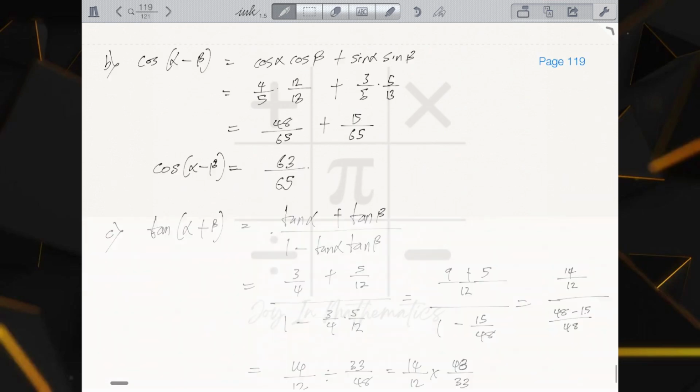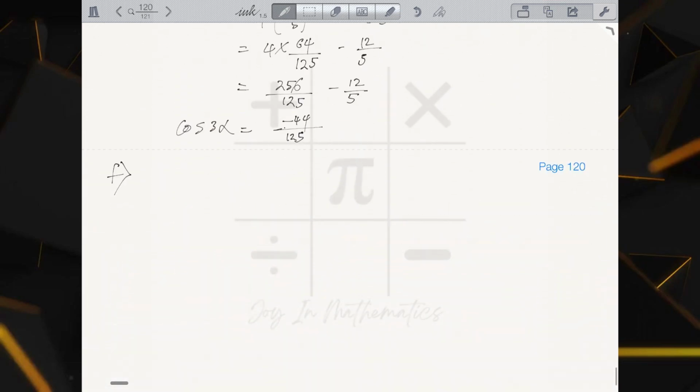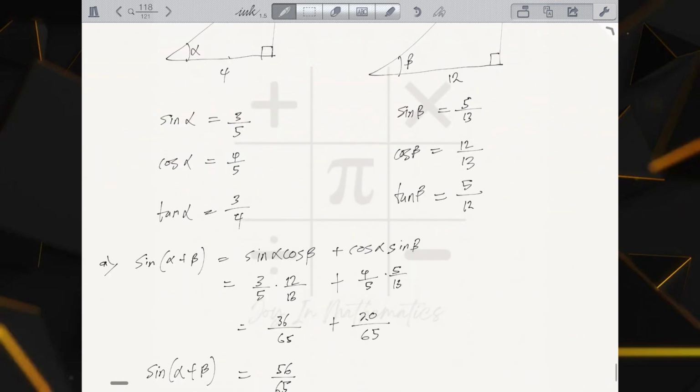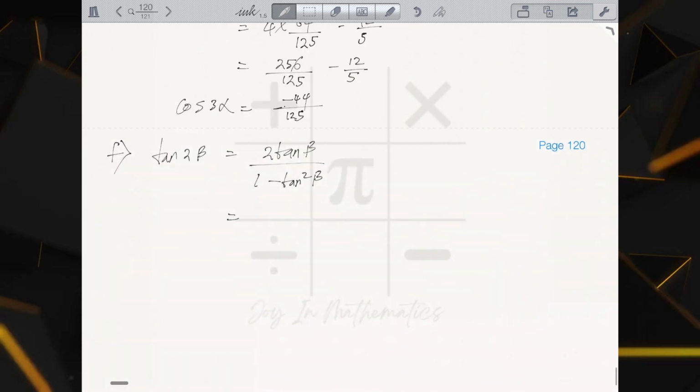So let us write that expression now in terms of beta. So we have tan 2 beta equals 2 tan beta divided by 1 minus tan squared beta. So the question is, what is tan beta? Therefore, we can see here that tan beta equals 5 over 12.